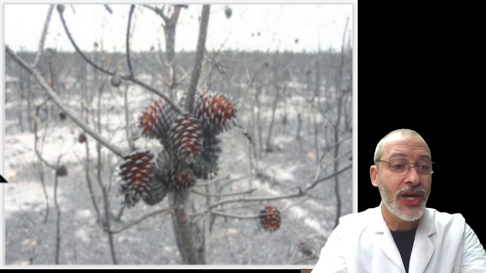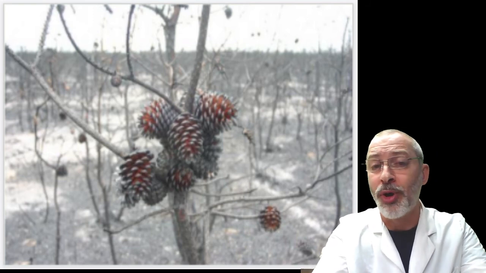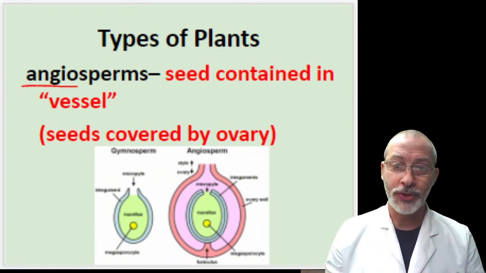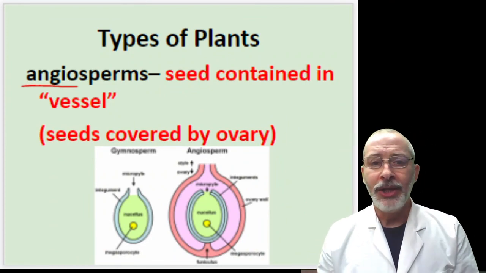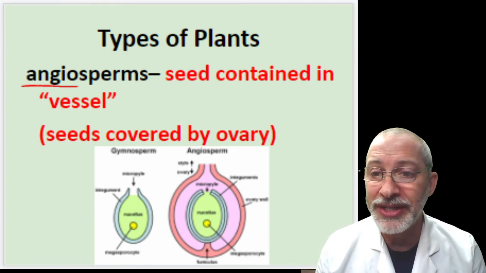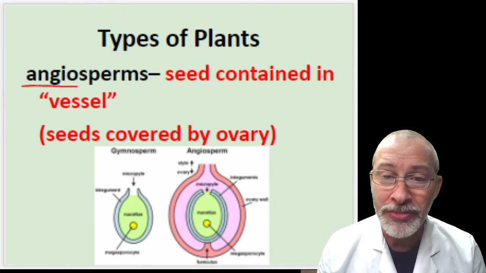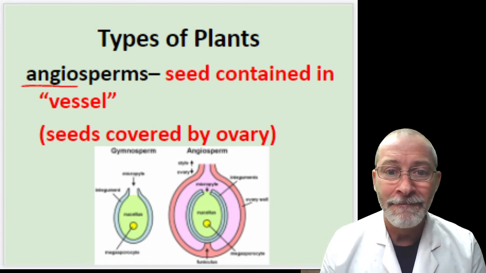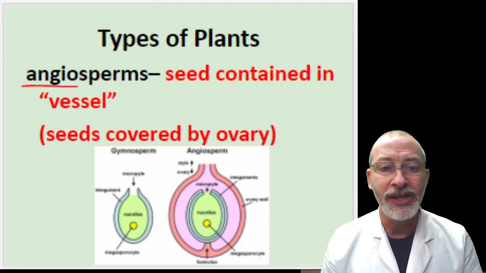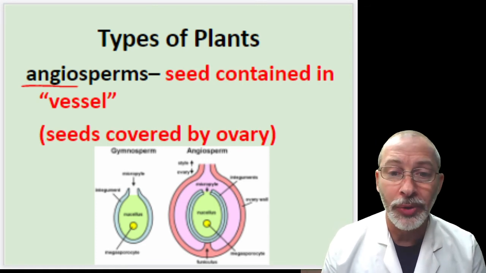Which brings us to the next type of sperm called angiosperms. Now, you can probably guess that angiosperms are different than gymnosperms, and you're exactly correct. The suffix sperm, again, refers to seed. But what does angio refer to?